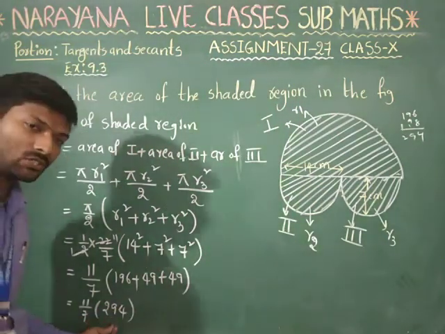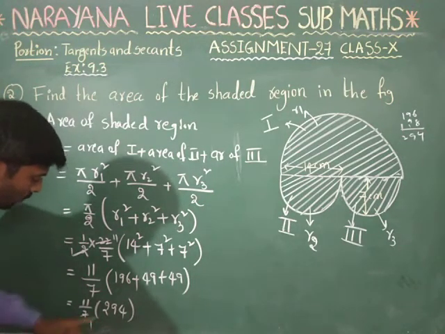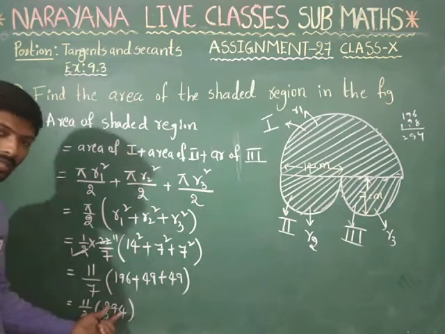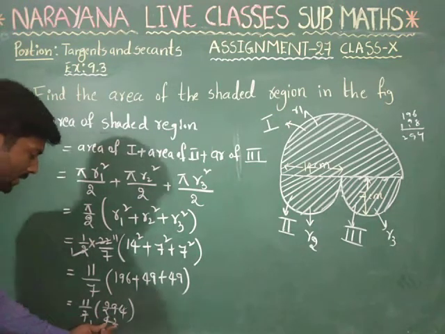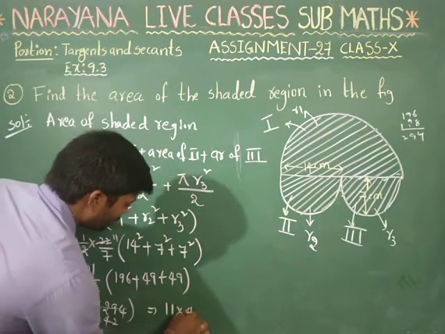Is there any chance to cancel this? Better we take 7 times how many is 294? 7 times 42 is 294. So it can be taken as 11 into 42.